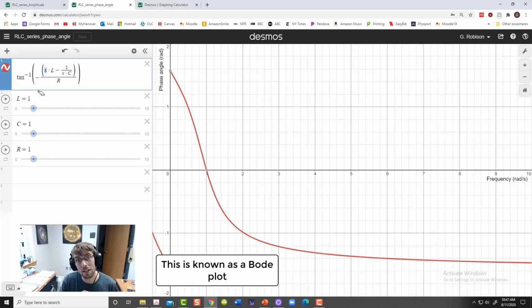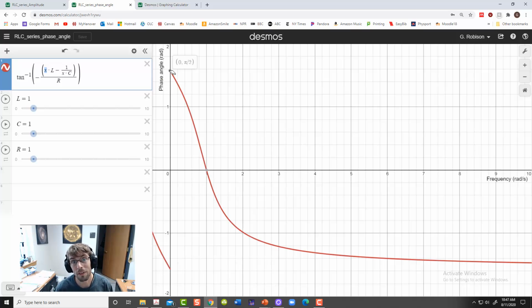So your horizontal axis here is the applied frequency of the source, and the y-axis is the phase shift of the current. So horizontal axis, frequency of the source. Vertical axis is the phase shift. And you notice, again, at 0, we're at a phase of pi over 2.